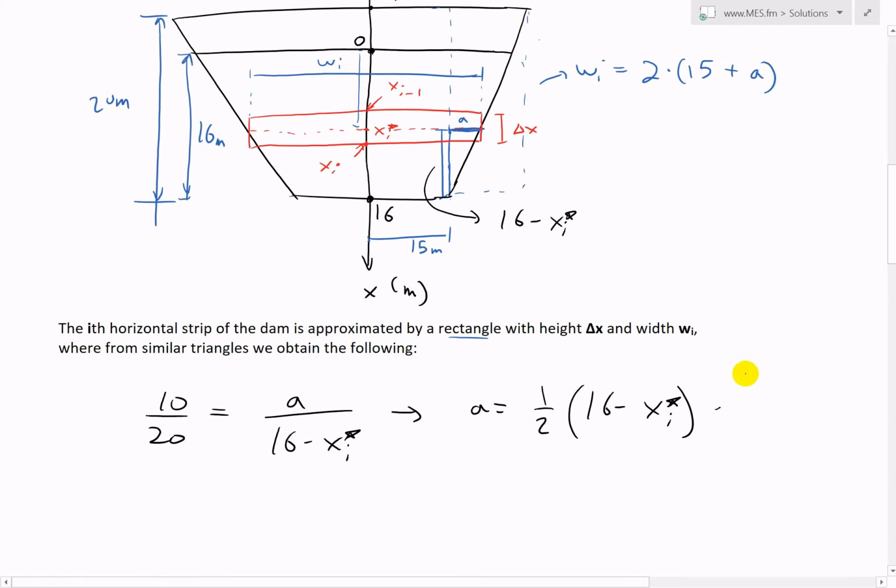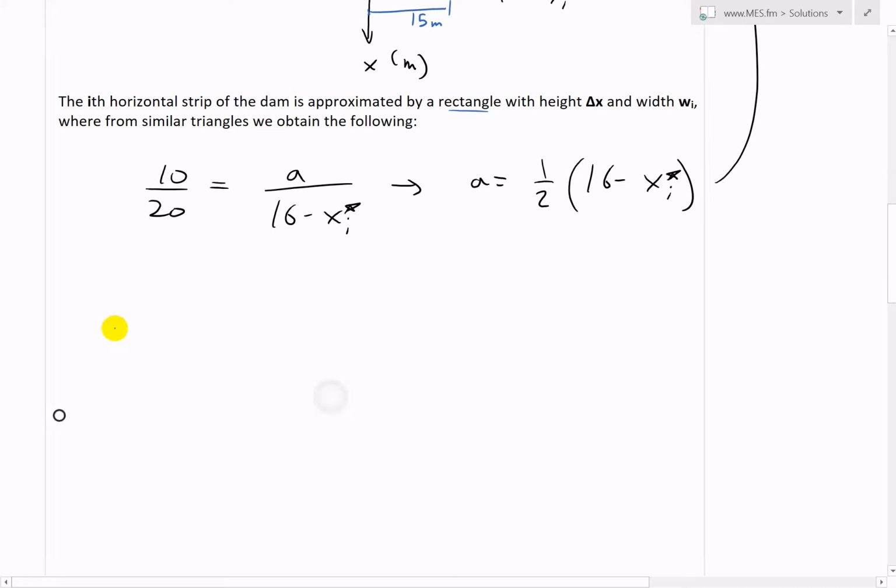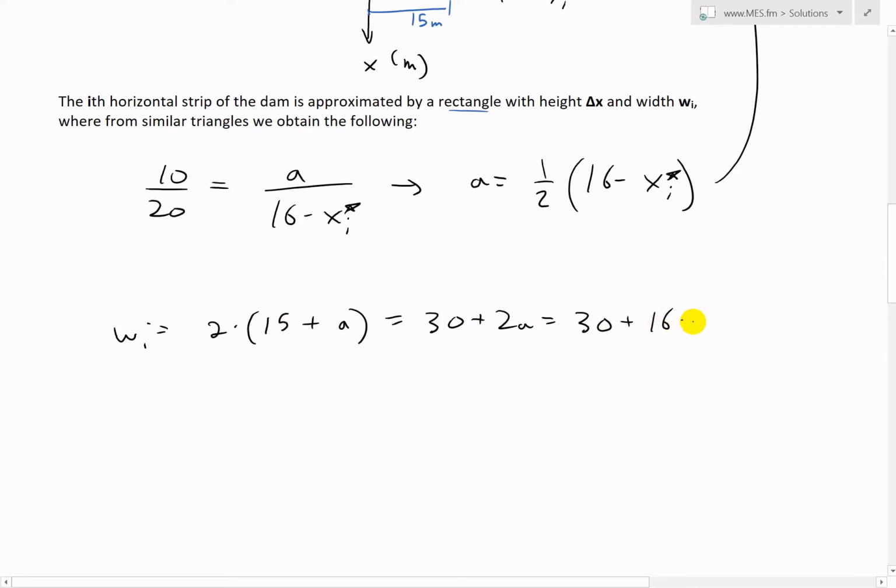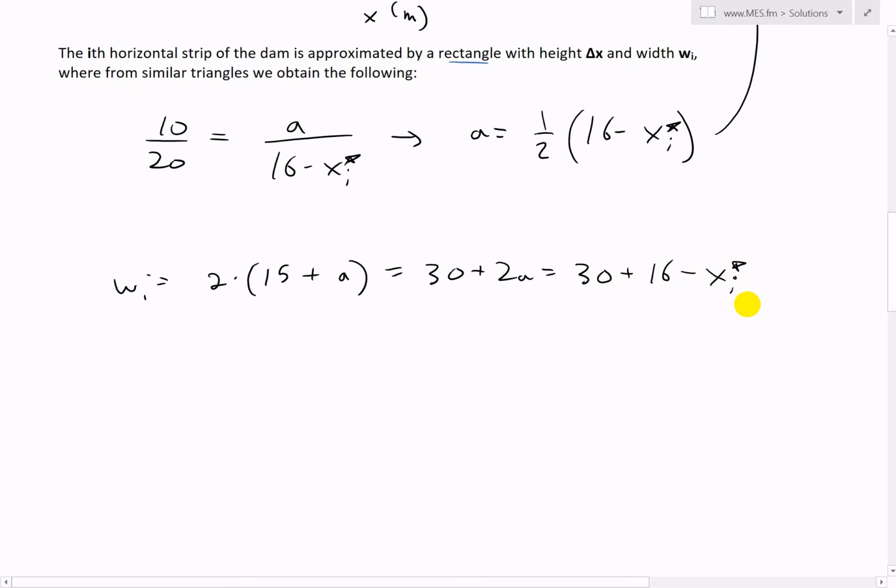So we have wi is equal to 2 times 15 plus a. So this equals 30 plus 2a, the 2 and the 1/2 cancel. 30 plus 16 minus xi star, so this equals 46. So wi is equal to 46 minus xi star.